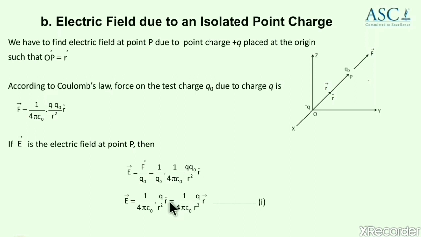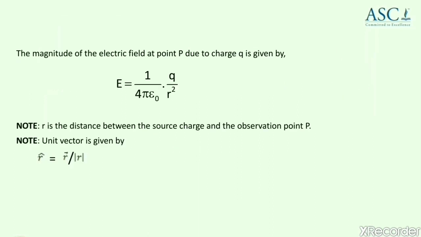And here, in place of R cap, you can make out one thing. We have written its formula. You know that R cap is vector R divided by magnitude of R. See, here in the note I have tried to show you. You can recall from your first PU vectors topic, unit vector R cap is given by vector R divided by its magnitude.